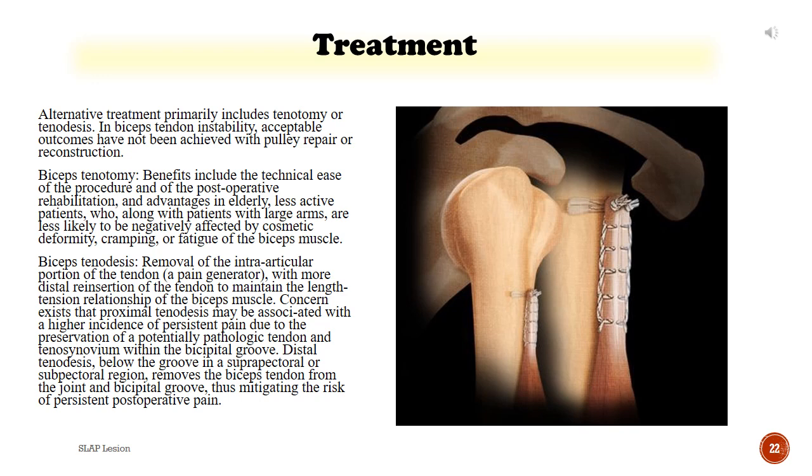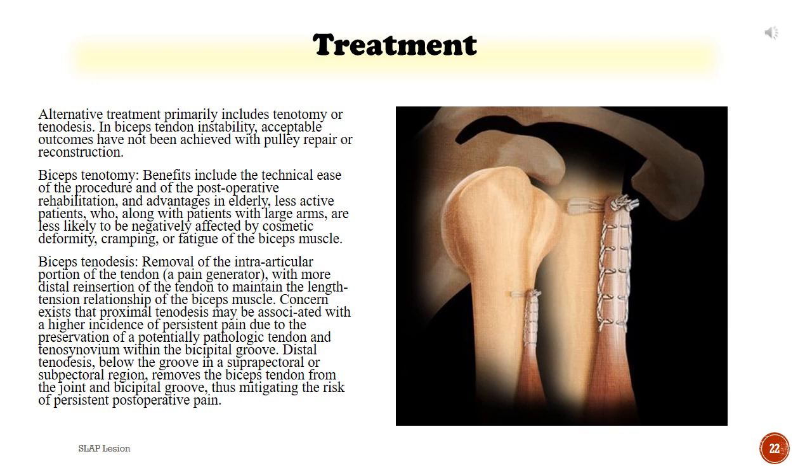Biceps tenodesis involves removal of the intra-articular portion of the tendon, a pain generator, with more distal reinsertion of the tendon to maintain the length-tension relationship of the biceps muscle. Concern exists that proximal tenodesis may be associated with a higher incidence of persistent pain due to the preservation of a potentially pathologic tendon and tenosynovium within the bicipital groove.